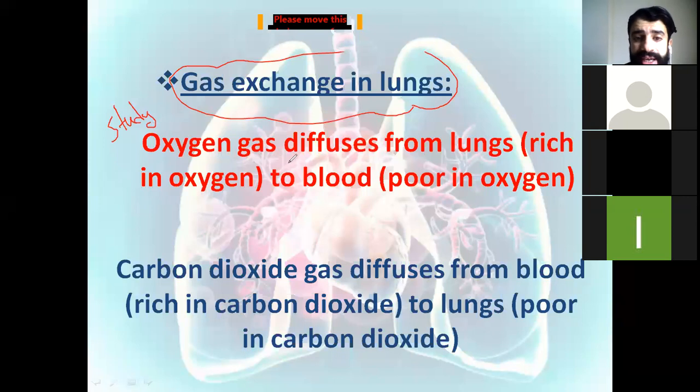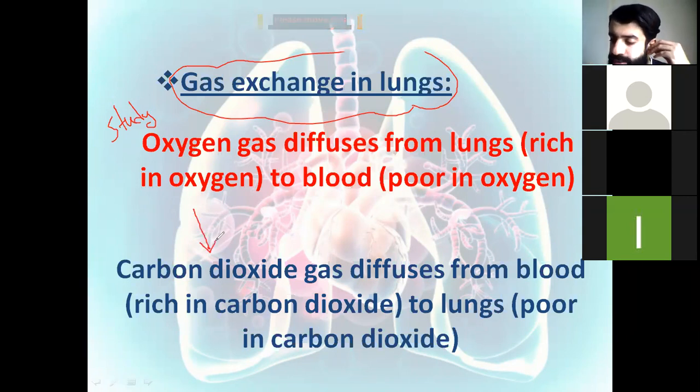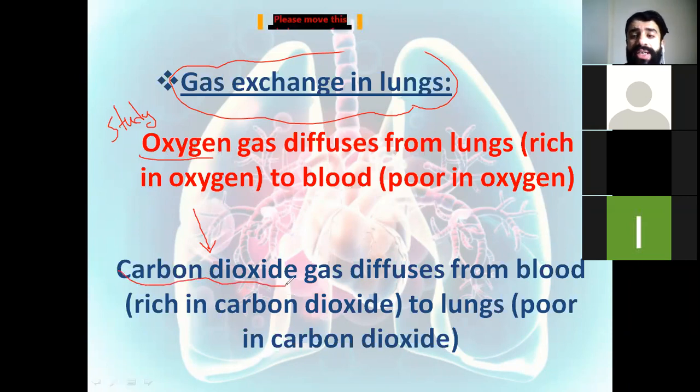Oxygen gas diffuses from the lungs that are rich in oxygen to the blood that is poor in oxygen, whereas carbon dioxide gas diffuses from the blood that is rich in carbon dioxide to the lungs that are poor in carbon dioxide. These two notes for oxygen and carbon dioxide at the level of the lungs, you have to study them, because if you study them, you can solve any question related to this topic or to this idea about diffusion.